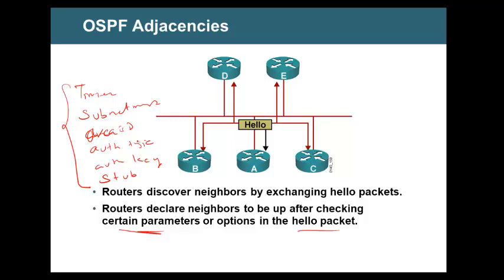Whatever I give, Co will not accept, because I am also Co, he is also Co. We won't receive our own updates because it has got my own name. I won't accept the update sent by Co, and Co won't accept the update sent by me, because I'm putting the name Co. Co says, why should I accept my own update? It will cause an unnecessary loop. So router ID must not match. Router ID needs to be unique.